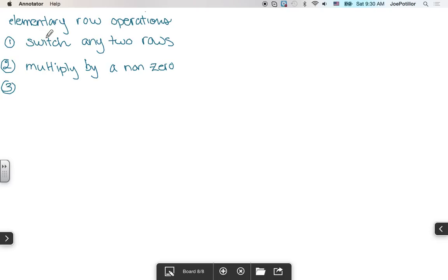You can add a constant multiple. And of course, I'll write it here, even though it's not in the book. Of course, we may add equations together.